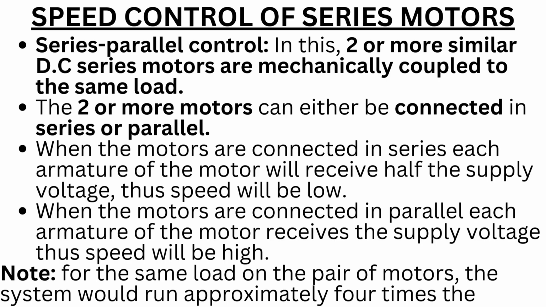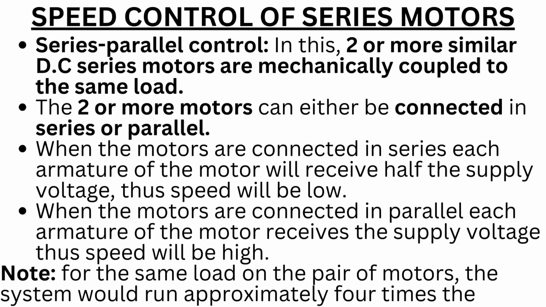Now let us look at series parallel control. In this, two or more similar DC series motors are mechanically coupled to the same load. The two or more motors can either be connected in series or parallel. When the motors are connected in series, each armature of the motor will receive half the supply voltage, thus speed will be low. When the motors are connected in parallel, each armature of the motor receives the supply voltage, thus speed will be high.